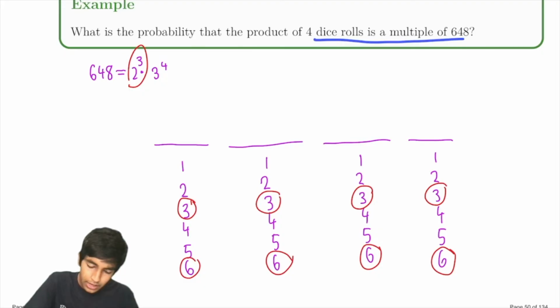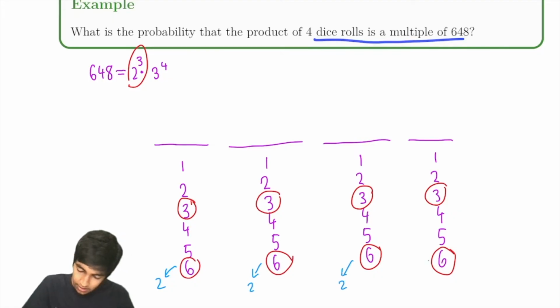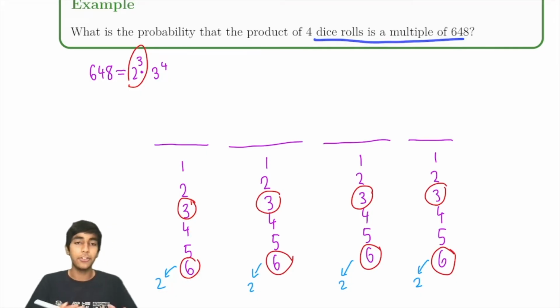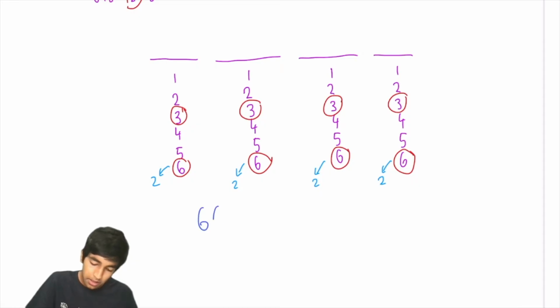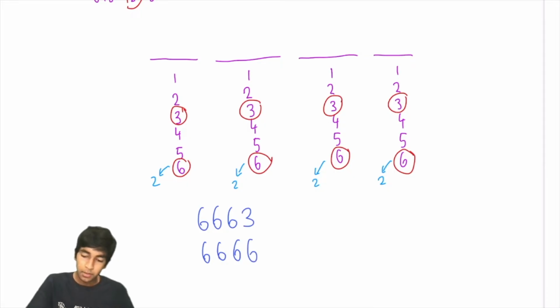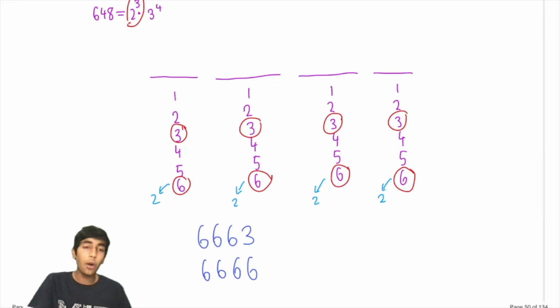Each 6 adds an extra factor of 2, essentially. So we must have 3 of these 6s, right? We've already narrowed down that each dice roll must be a 3 or a 6, and each 6 gets an extra factor of 2, and we need 3 of them. So we need at least 3 6s. So we can have 3 6s and a 3, or all 4 can also be 6s, because if all 4 of them are 6s, then the product will be a multiple of 2 to the 4th, which is 16, which is a multiple of 8 indeed.